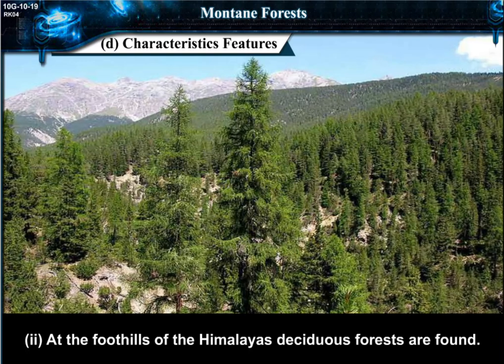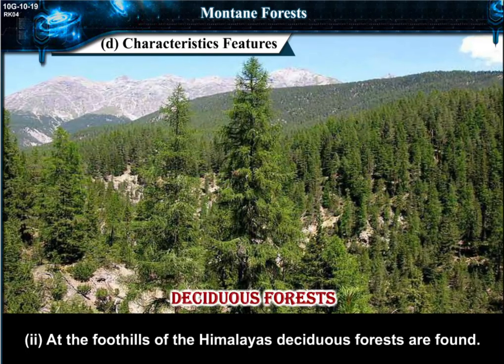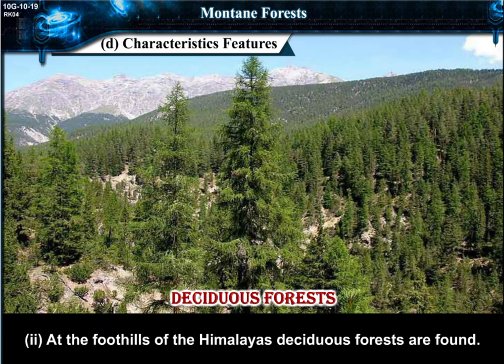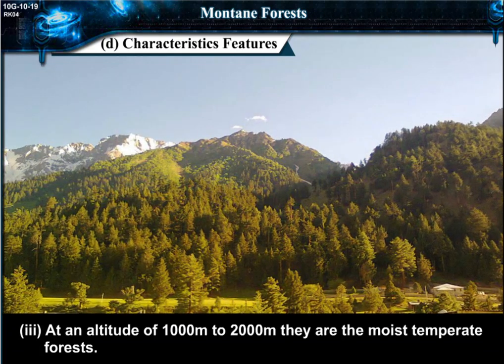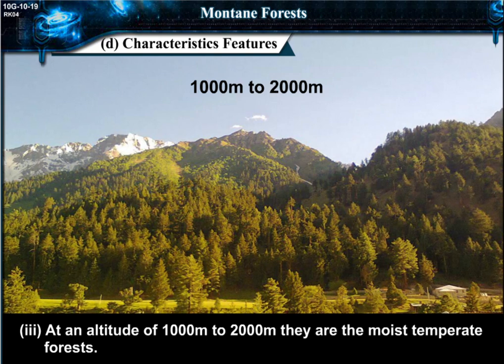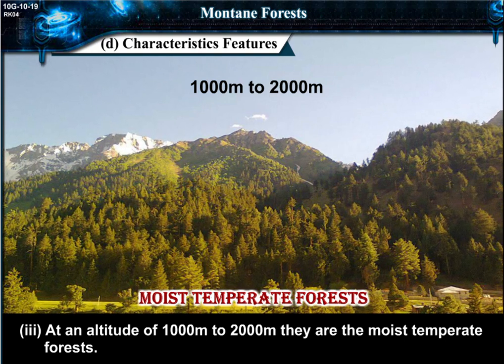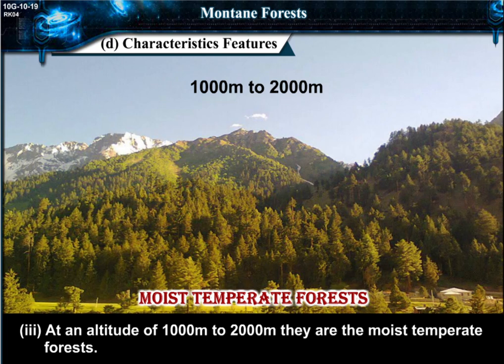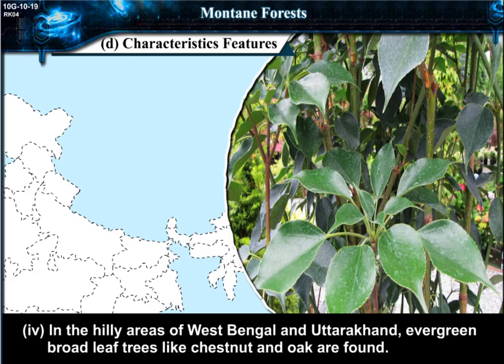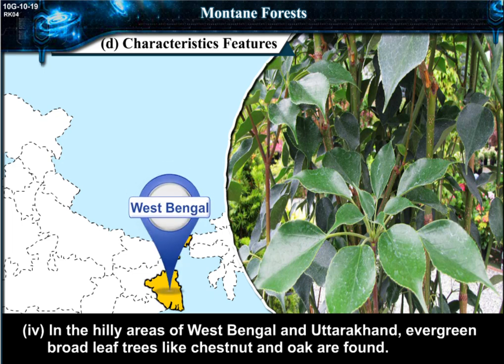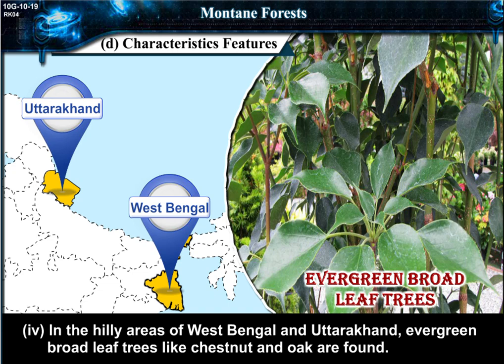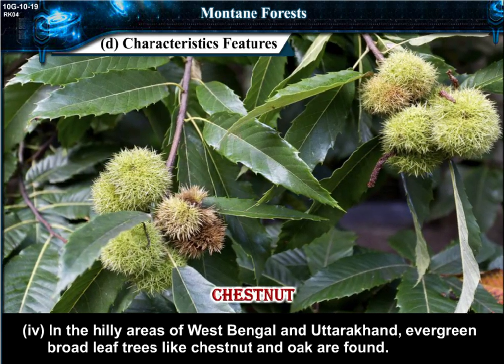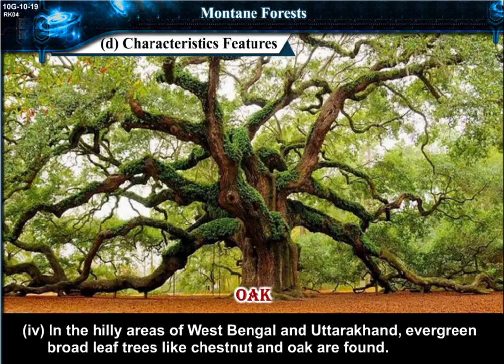Second, at the foothills of the Himalayas, deciduous forests are found. Third, at an altitude of 1,000 meters to 2,000 meters, they are the moist temperate forests. Fourth, in the hilly areas of West Bengal and Uttarakhand, evergreen broadleaf trees like chestnut and oak are found.